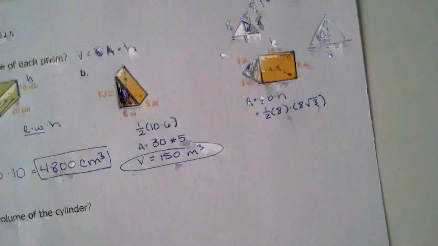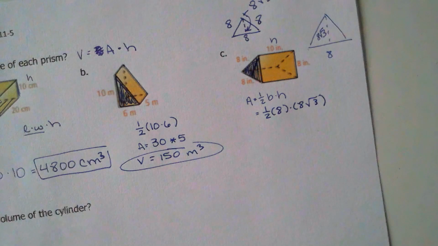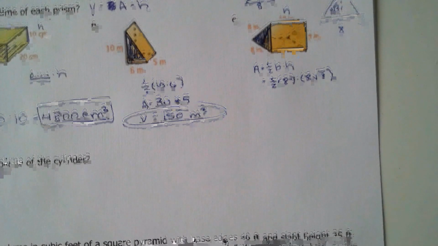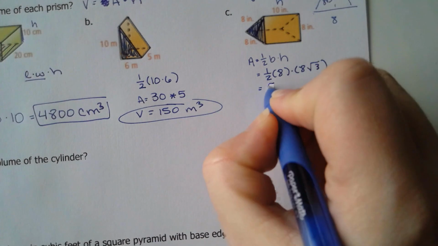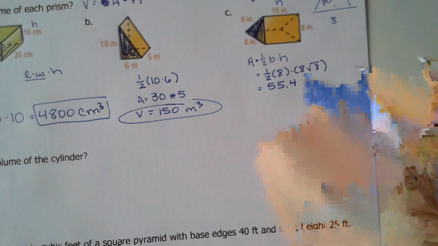Now I'm going to go ahead and just tell you guys that we should do this with decimals. So if you're thinking, I don't want to keep that root 3 in my answer, that is fine. Let's turn that into a decimal. When I plug this into my calculator, I get around 55.4.